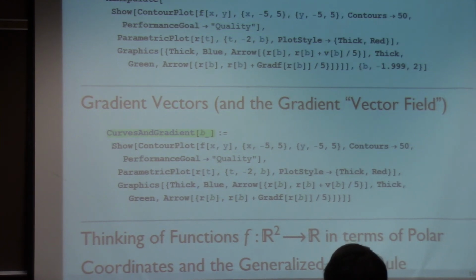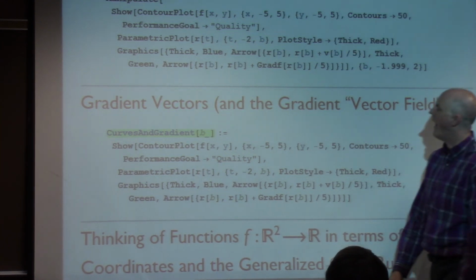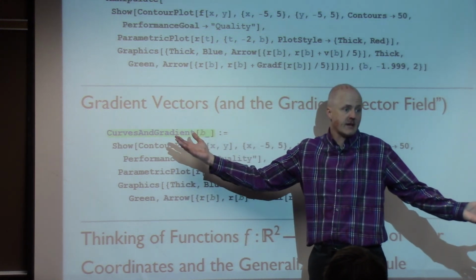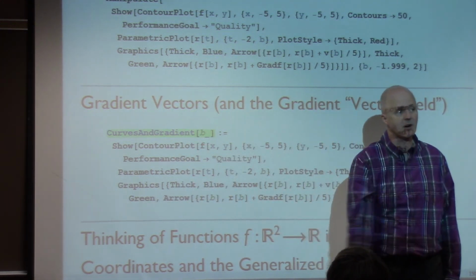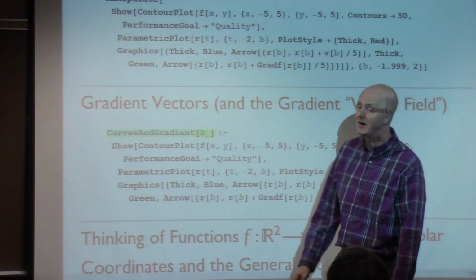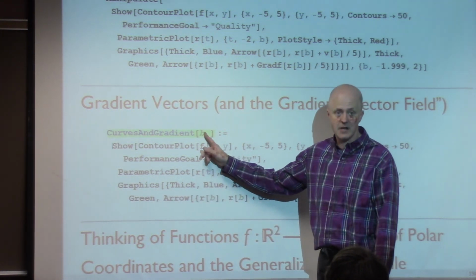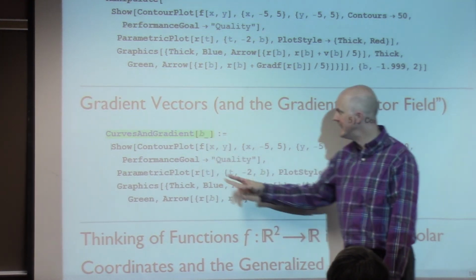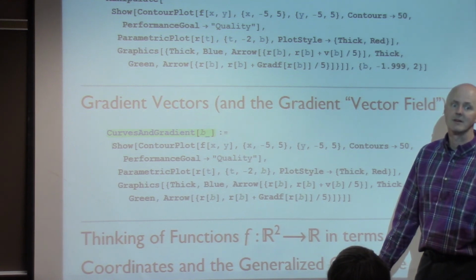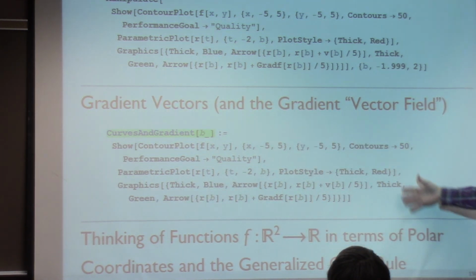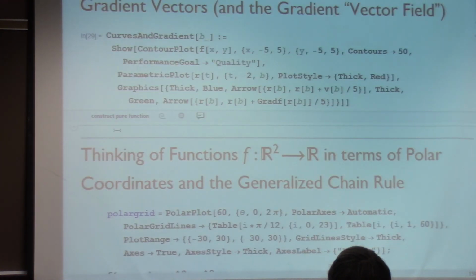What's going on here? What am I doing? I am creating my very own little mathematical function. That's not going to be a regular function in math classes. It's going to be a function that takes a number for input, B, and gives you a graph for output. It's going to be the graph produced by this code at whatever value b you use. Watch, I'll go ahead and use it.